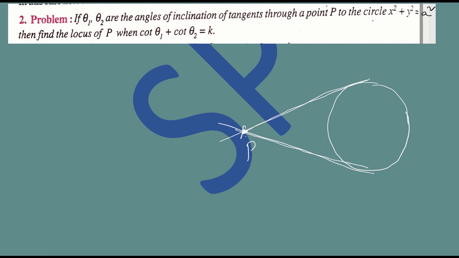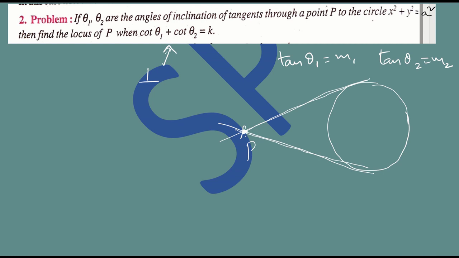And observe that theta 1 and theta 2 are inclinations he gave. That means we know that tan theta 1 and tan theta 2 are slopes. So in here, if I call the slopes as m1 and m2, tan theta 1 is the slope of one tangent, tan theta 2 is the slope of another tangent.